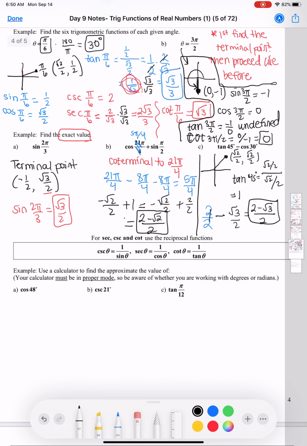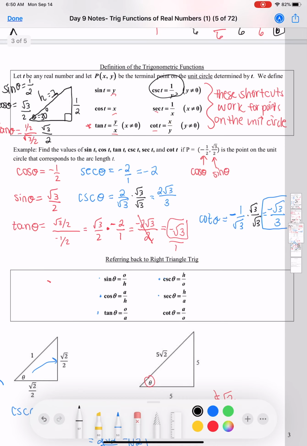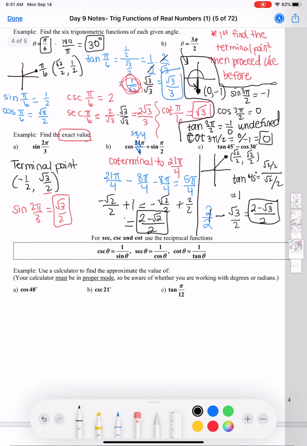Well, it's the same thing with the trig function itself. So cosecant would be 1 over sine. Secant is 1 over cosine, cotangent is 1 over tangent. So just another way to rewrite these values here, right? We know y is sine, so if you replace the y with the sine, you would get 1 over sine for cosecant, or 1 over cosine for secant, etc.